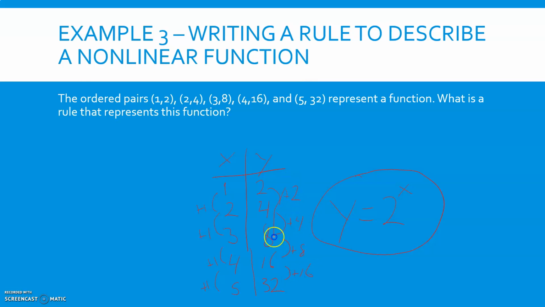Since this change is not constant, that tells us that this graph, again, is nonlinear: not a constant change, not a straight line. If we were to put it on a coordinate plane, our line wouldn't be straight. So it's a nonlinear function.